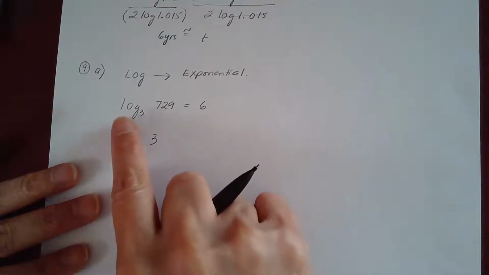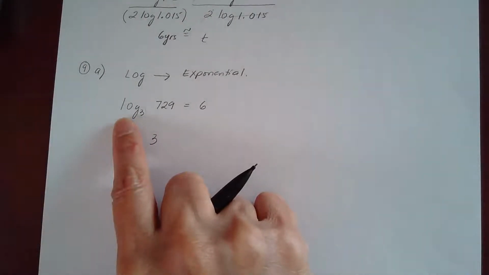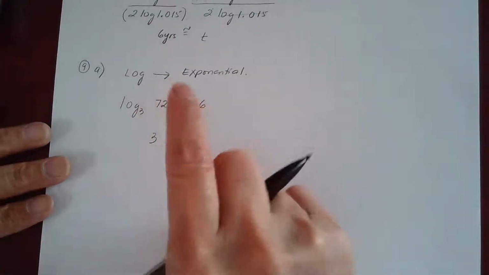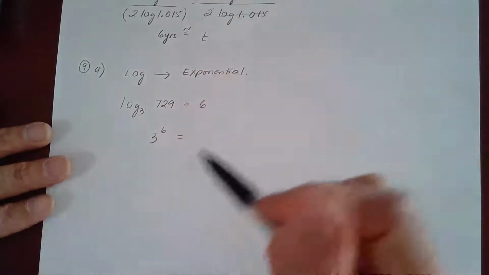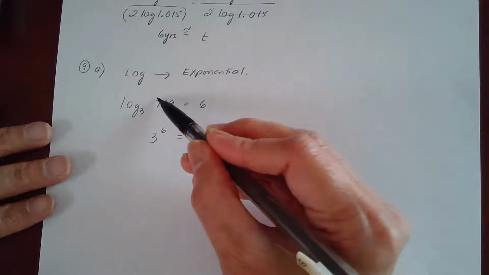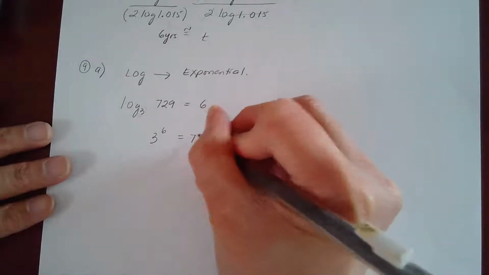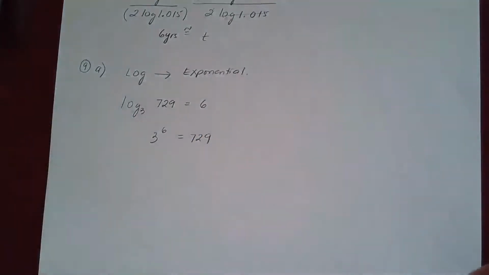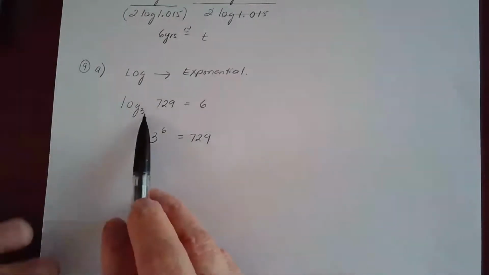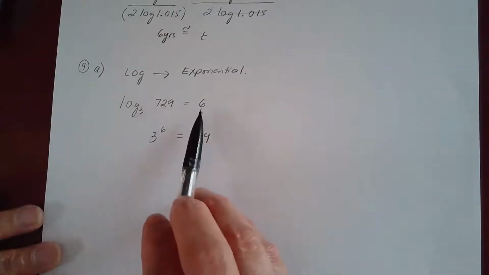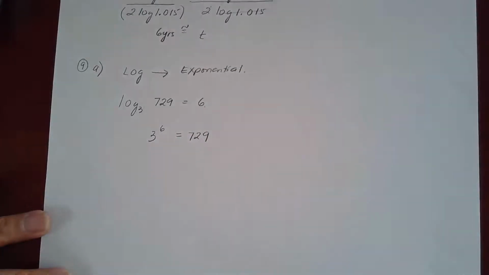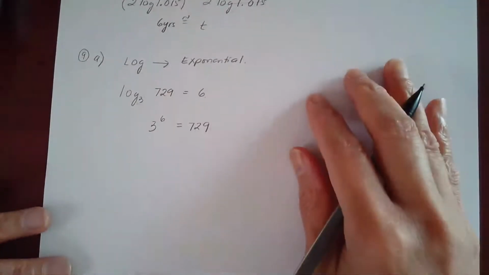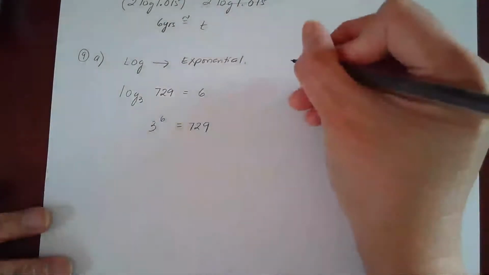And log tells us the exponent needed, so that's 6. And what does that equal? 729. So 3 to the exponent 6 is equal to 729. So that's 9a. And then we're going to go to 9b.